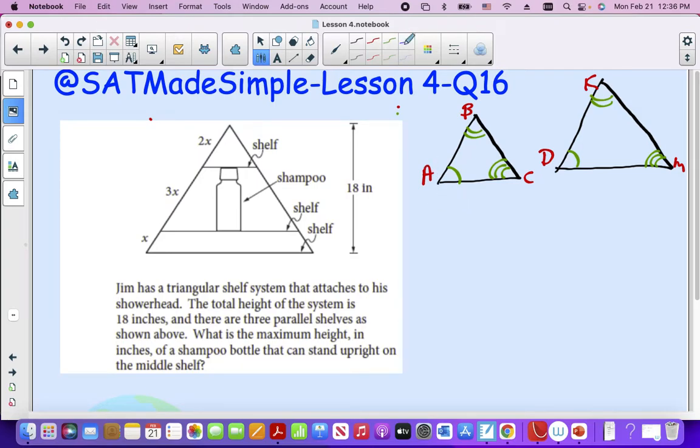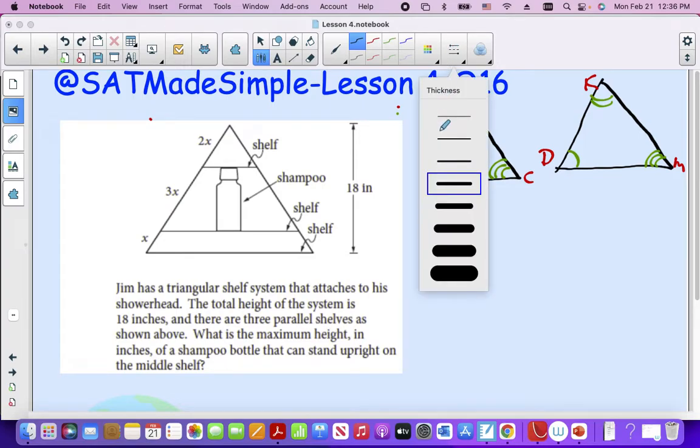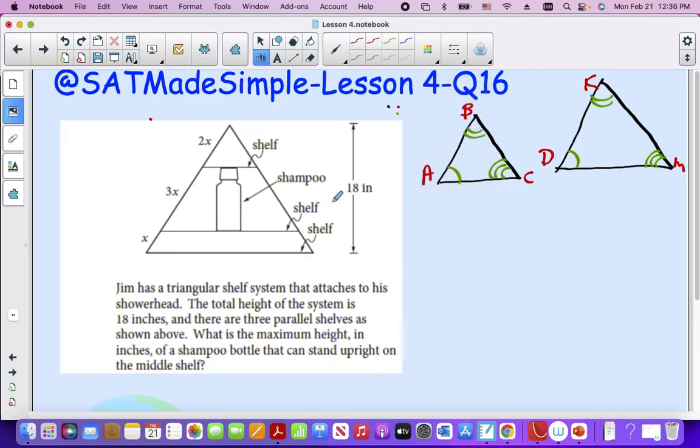That means the ratio between the corresponding sides is constant or fixed. That means AB to DK is the same as BC to KM is the same as AC to DM.